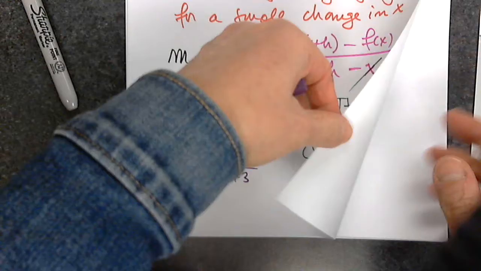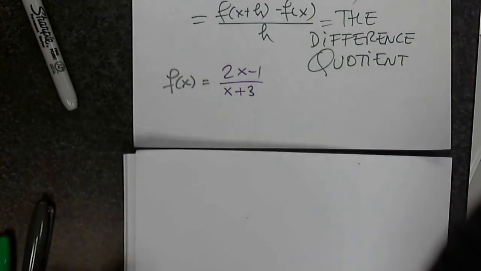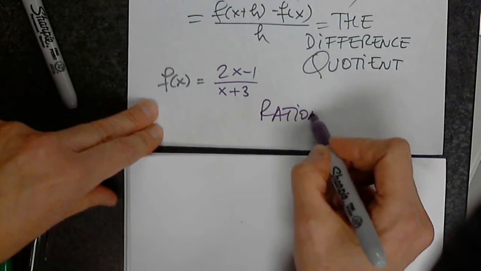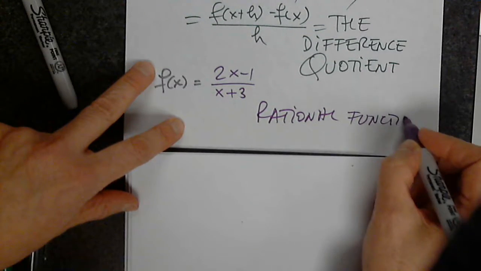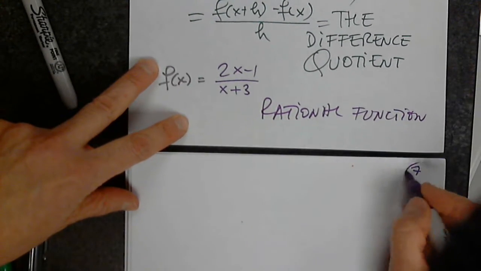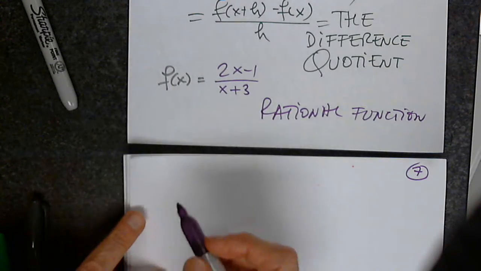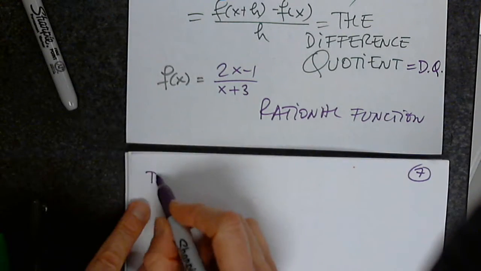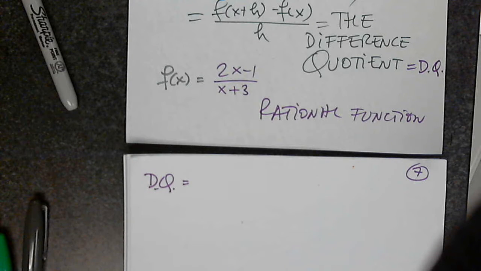What type of function is this? Rational expression. Awesome. Rational function. Very good. It is also a rational expression. You're correct. No mistake there. It is a rational function. And I'm going to abbreviate difference quotient as DQ. I want you to find DQ for this function.